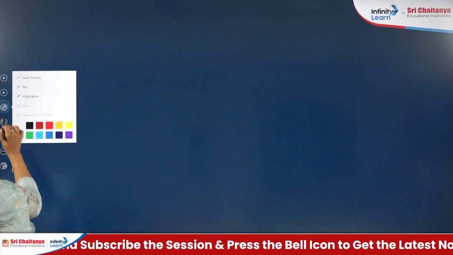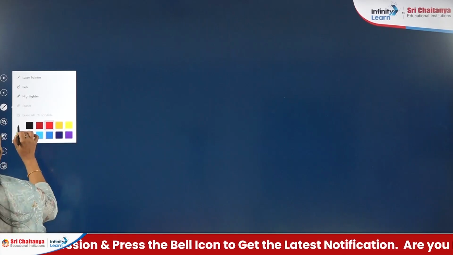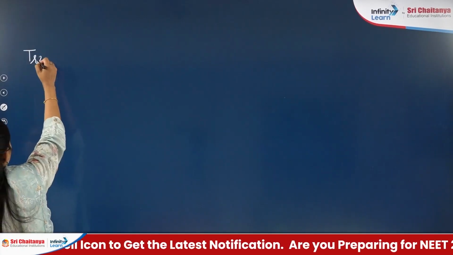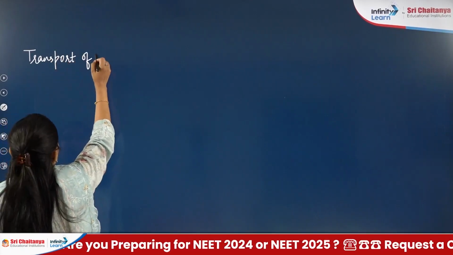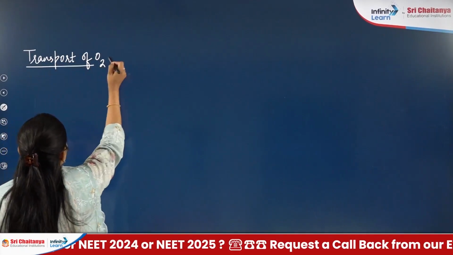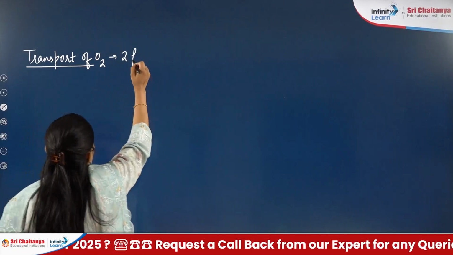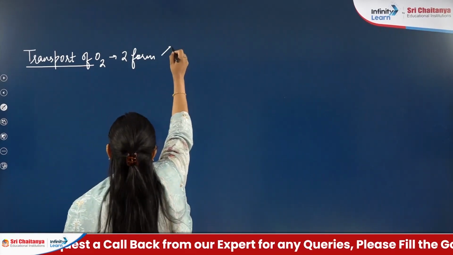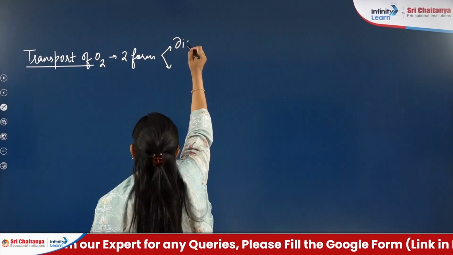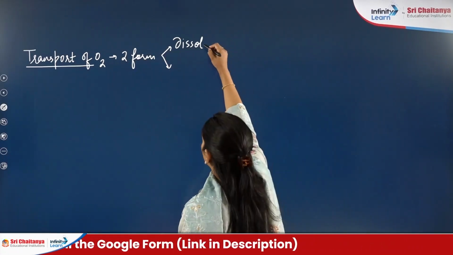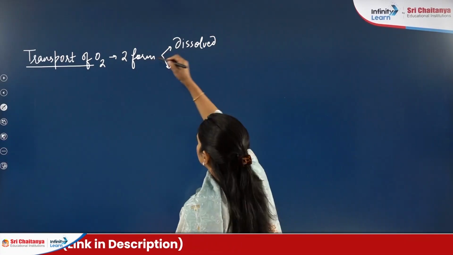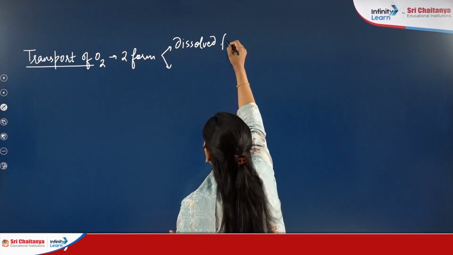See, I have already discussed the transport of oxygen will occur in two forms via blood. One form will be the dissolved form, just like transport of carbon dioxide also occurs in dissolved form. Transport of oxygen also occurs in the dissolved form.